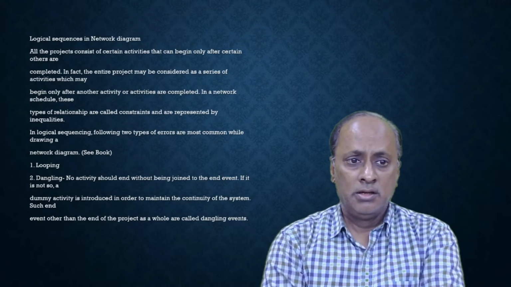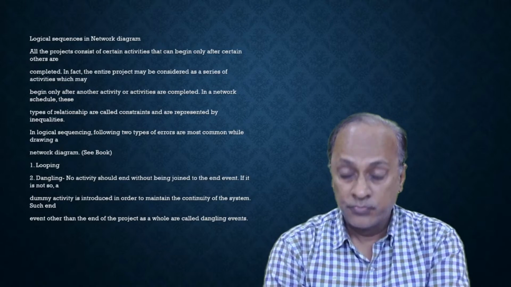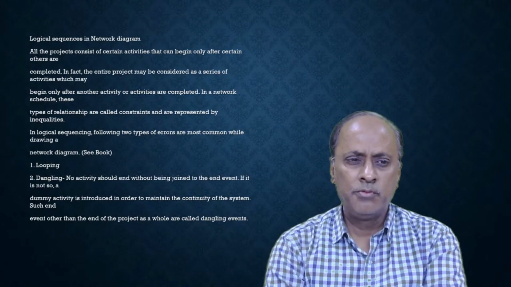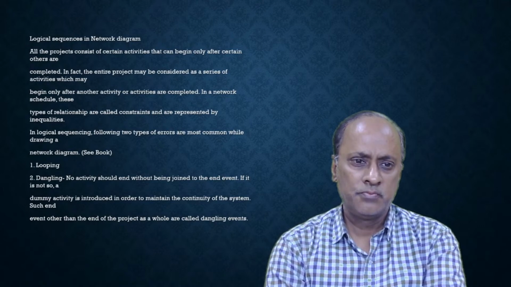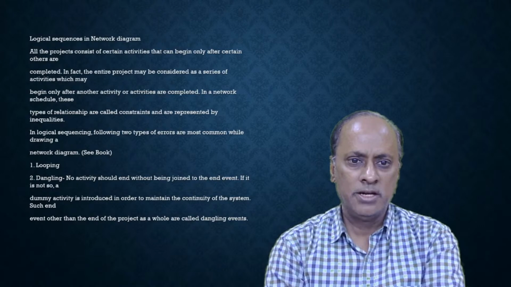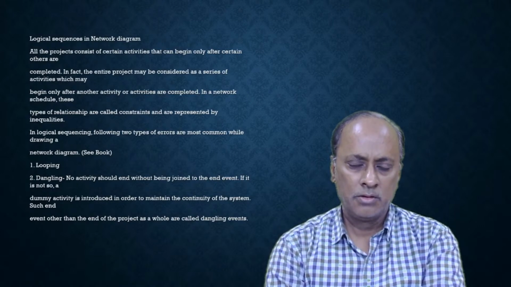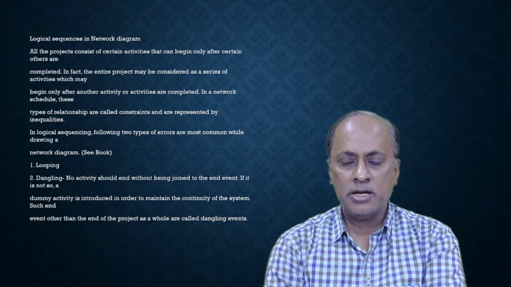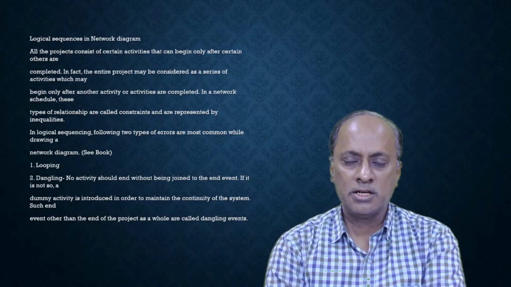So, in a network diagram, we have to maintain the logical sequence. All the project consists of certain activities that can begin only after certain activities are completed. So, in a network diagram, we will find certain activities are successors, certain activities are predecessors.